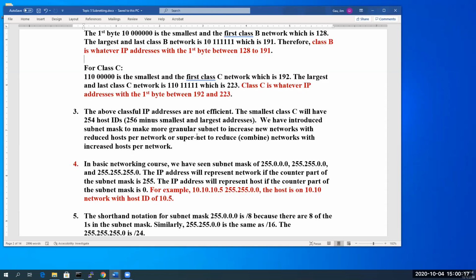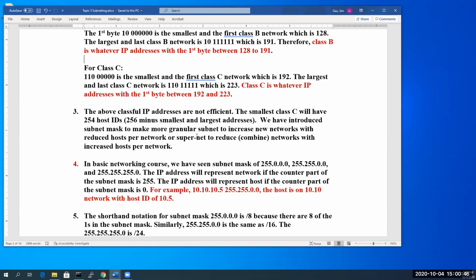So if you cut it in half, Grand West will be the first 128, from 0 to 128, and Grand East, the second part of the newly created network or street, will have another half of the houses. So then you are creating more networks at the cost of fewer hosts available per network. So that is subnetting. And if you supernet, that means you combine.